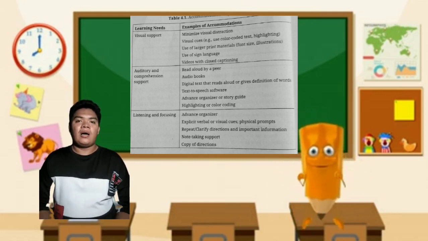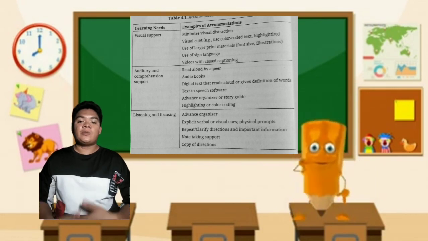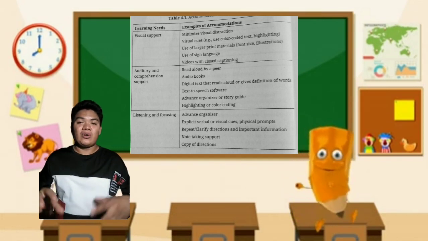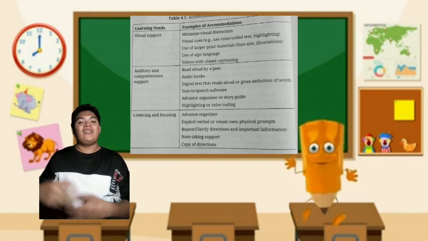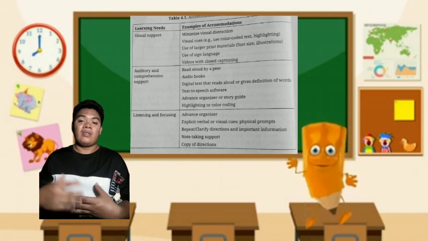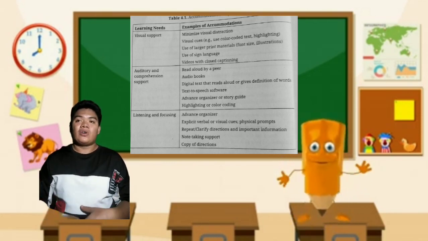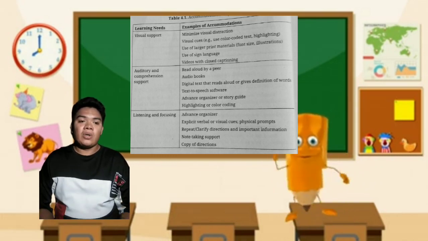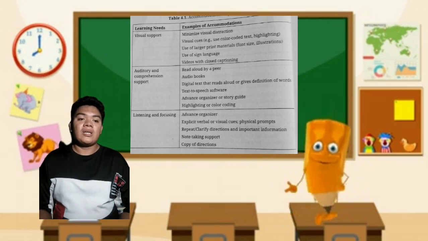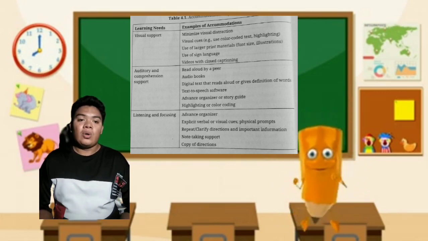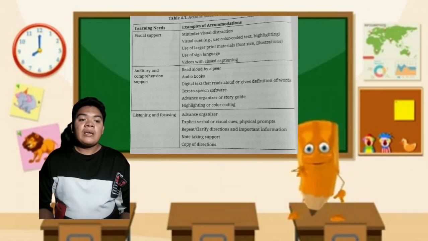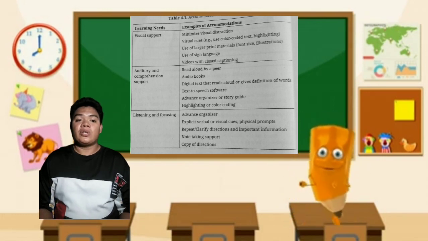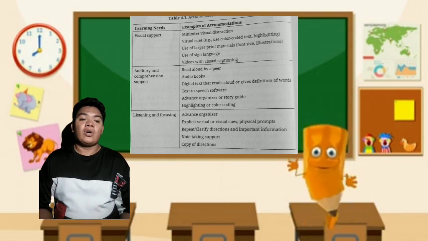When we speak, we should be clearly loud, not so that only the first row can hear your voice, but also the students at the back or the other side, or those in the last rows. And also audio books, digital text that reads aloud or gives definitions of words, text-to-speech software, advanced organizer or story guide, and also highlighting or color coding.